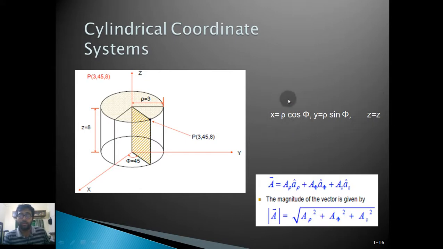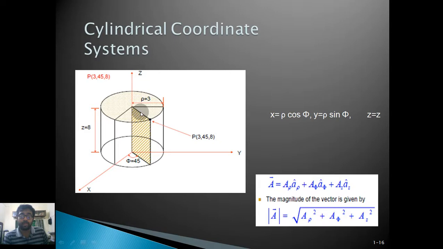Now if we consider x is equal to rho cos phi, how has this been extracted? We are going to describe that. Rho has been described as the radial distance of the point P. Suppose the point P is situated here. The radial distance is from the z axis up to the point P. If we take a straight line, we will get the radial distance rho.